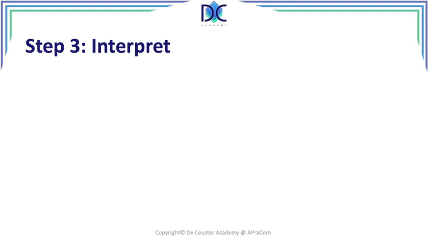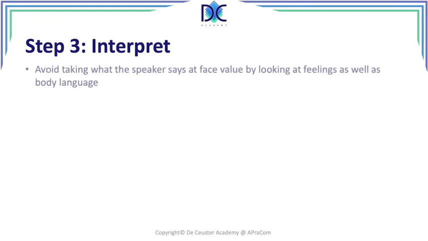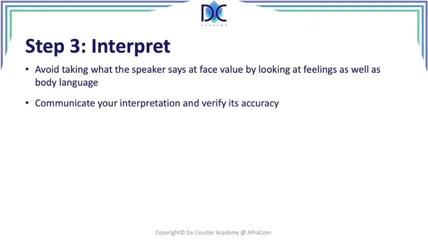Let's now have a look at the interpretation part. Here we have to avoid taking what the speaker says at face value by looking at feelings as well as body language. Communicate your interpretation and verify its accuracy.